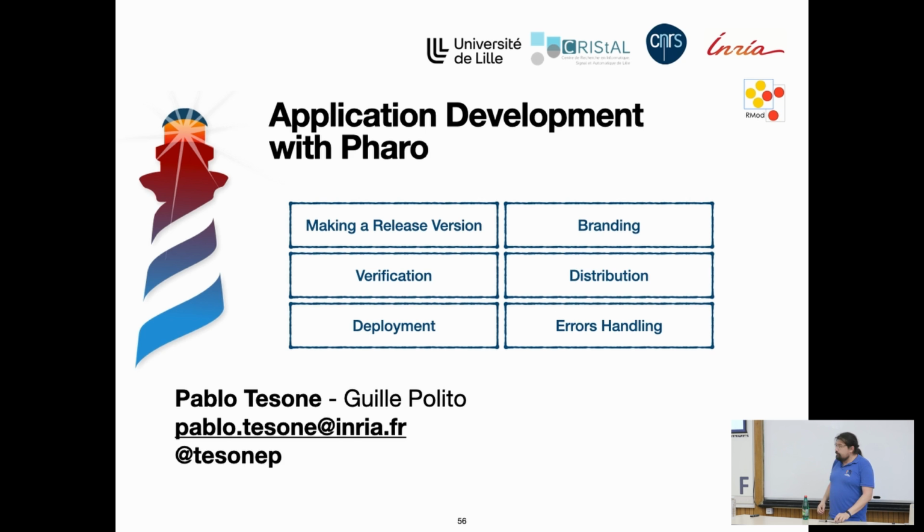But yes, I would love to have small dependencies. We started with Guille, and I don't know if there is interest from the community, because as Pharo is basically a community-driven project, we try to measure the temperature of the community to see where we want to go, or what could be more useful for more people, or for the people that give us money. Sorry, it works like that also.